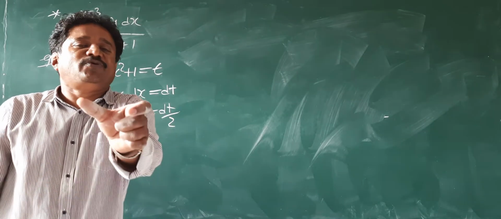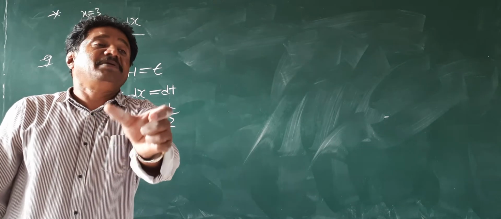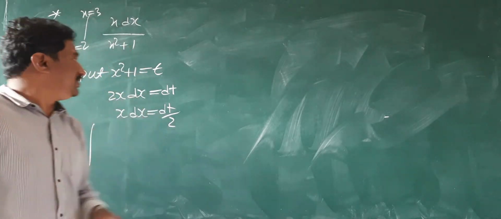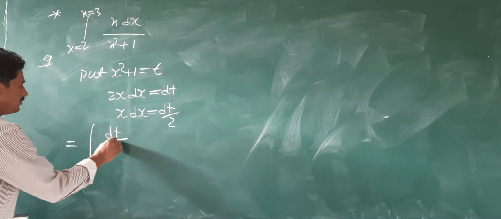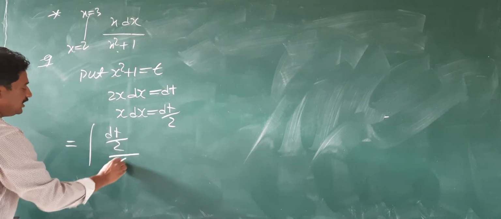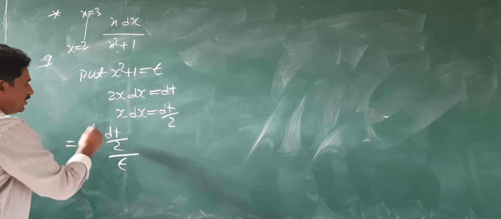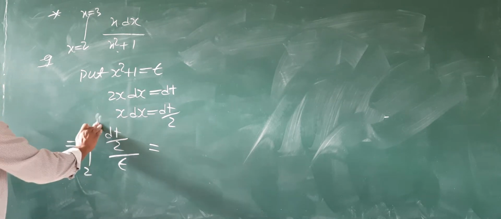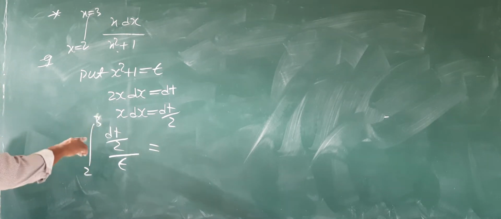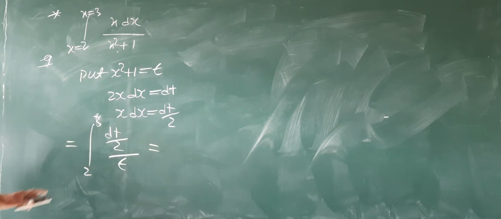I am going to substitute for your place means I am replacing your place. So what is x dx? dt by 2, by t. Keep that 1 by 2 outside. One minute, students. Don't solve, don't write, wait one minute. 2 to 3, dt by 2 by t, 1 by 2 outside.